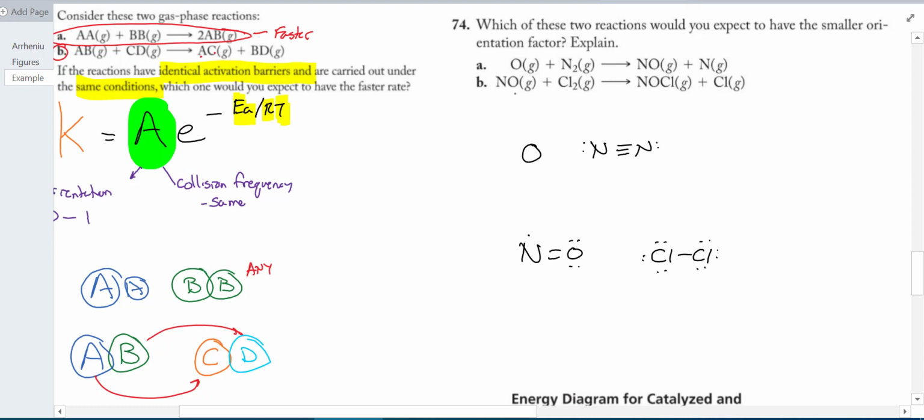And if O here has to hit Cl2, that has a more strict orientation factor. So I would assume that B here would be the one that has a smaller orientation factor.